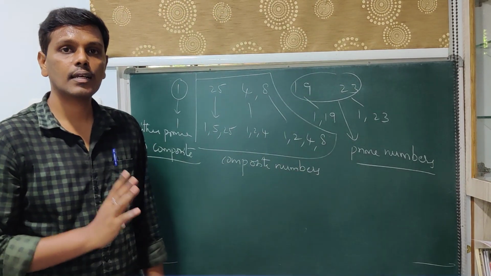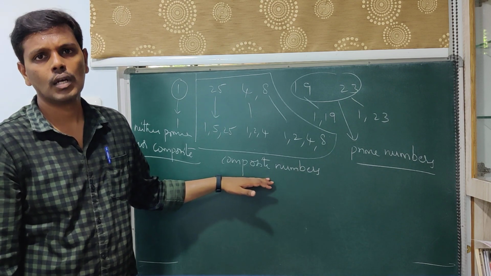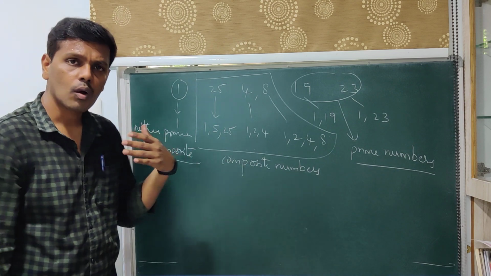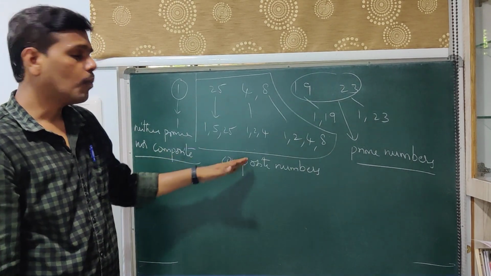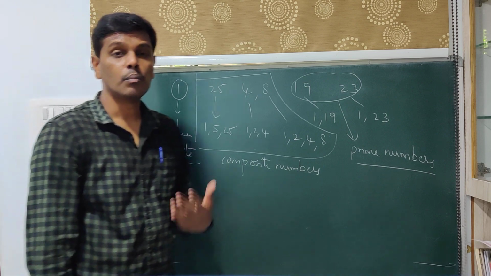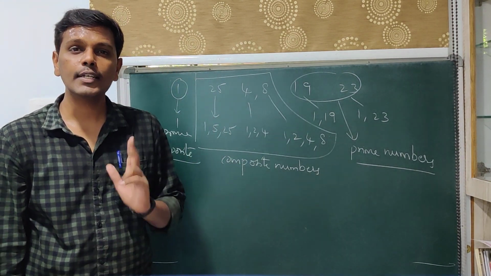And the numbers greater than 1 that are not prime, we call composite numbers. Consequently, composite numbers have more than 2 factors, whereas prime numbers have only 2 factors.